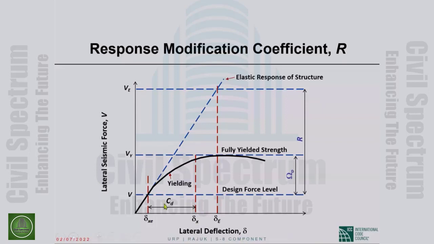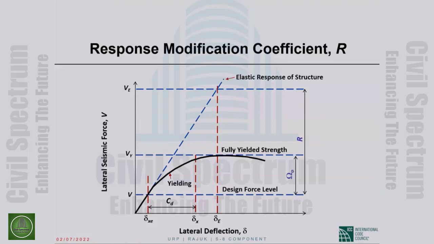C sub D is not the difference between the two, okay, as one might get the impression from the figure. So delta sub xe amplified by C sub D gives us delta sub x, the estimated design earthquake displacements. Okay, so R, C sub D, omega sub 0.